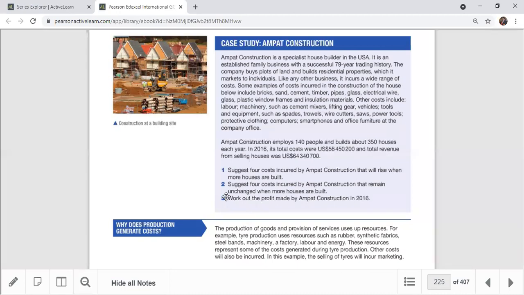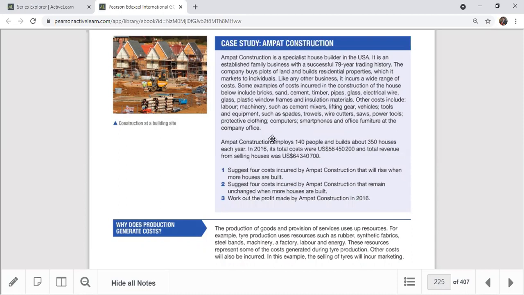For example, office administration and office furniture might be fixed costs, and they might have the same computers and smartphones. These normally come under the fixed cost category. That is the administration cost. If they have insurance or fixed salaries of the workers, these will be unchanged, as there is no variation with house construction.